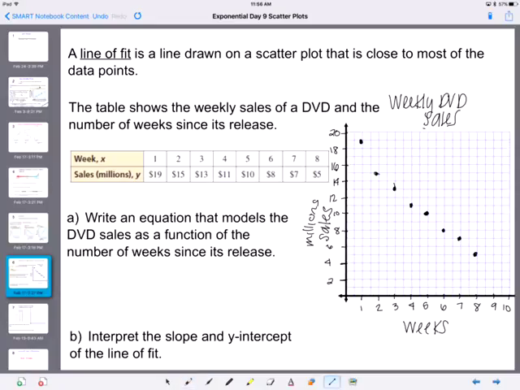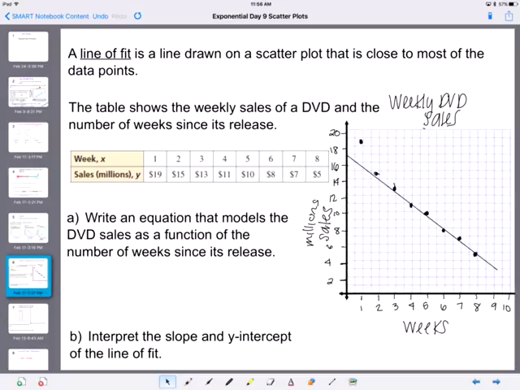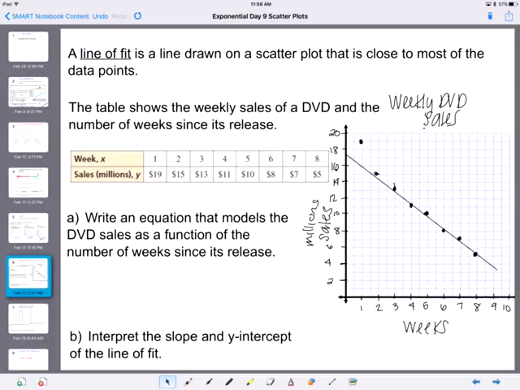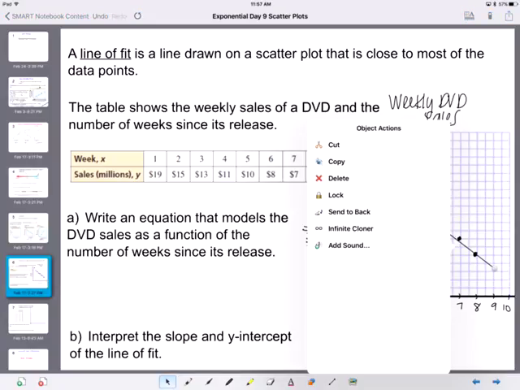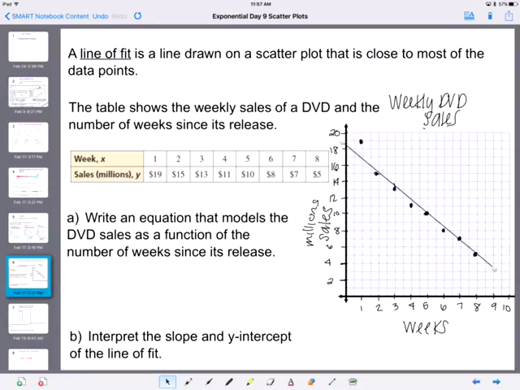So going through the majority of my points, my line of fit, to make your line go through the majority of your points, I say that looks pretty good.